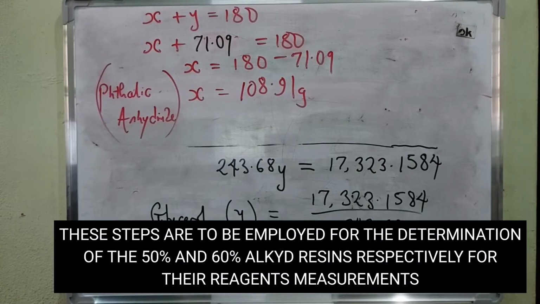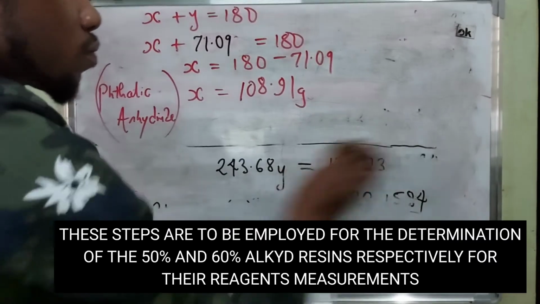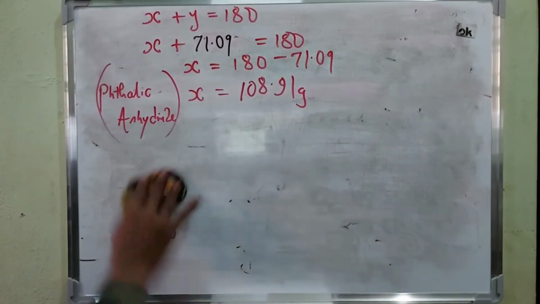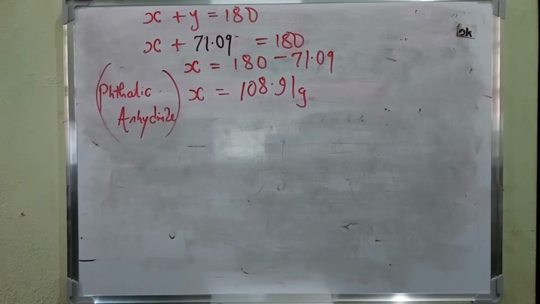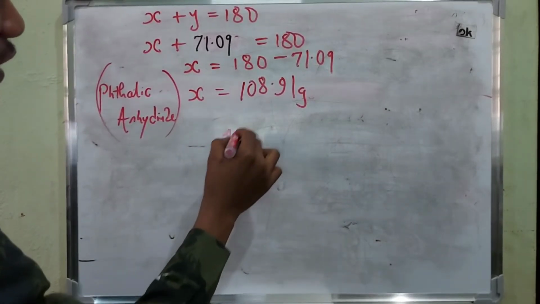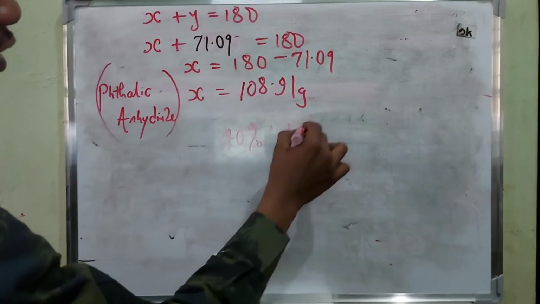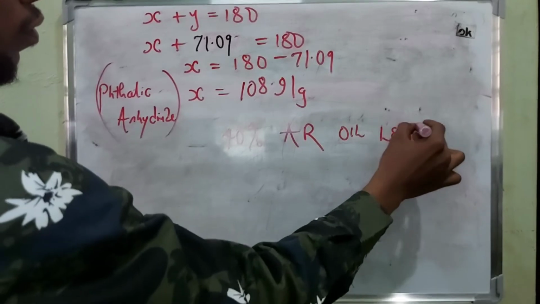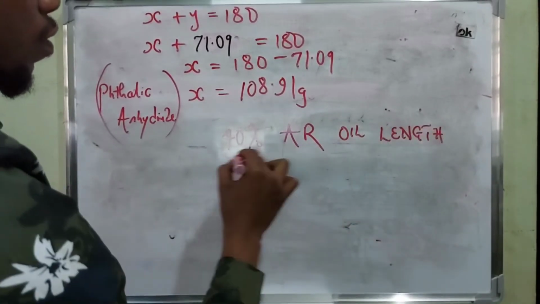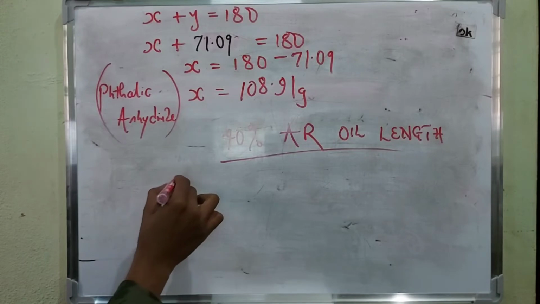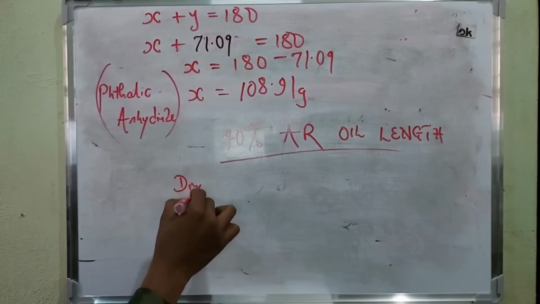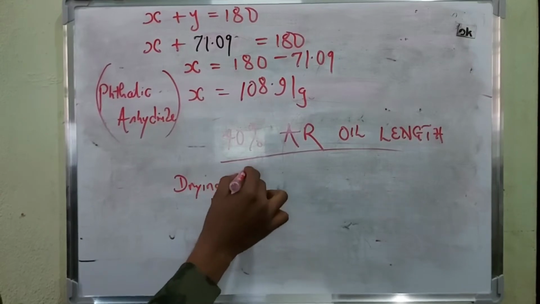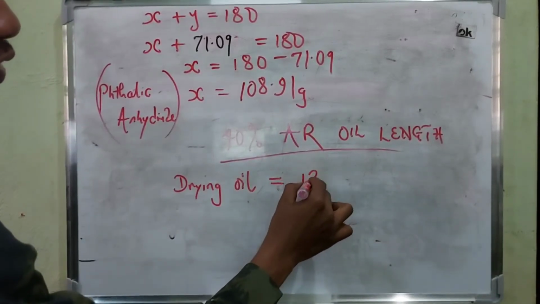So in summary, for a 40% oil length, remember, if you refer back to my other video, so for a 40% Alkyd resin oil length, you need your drying oil of weight 120 gram.